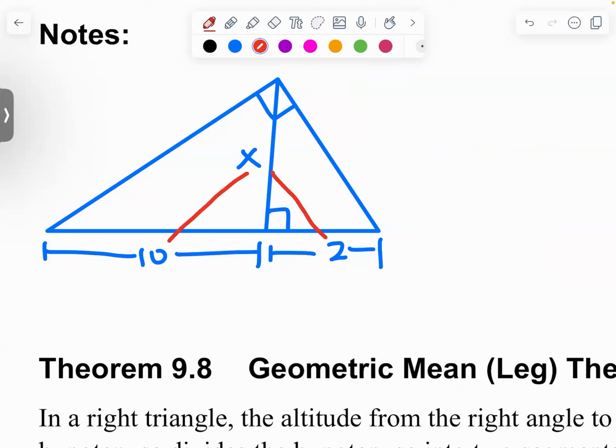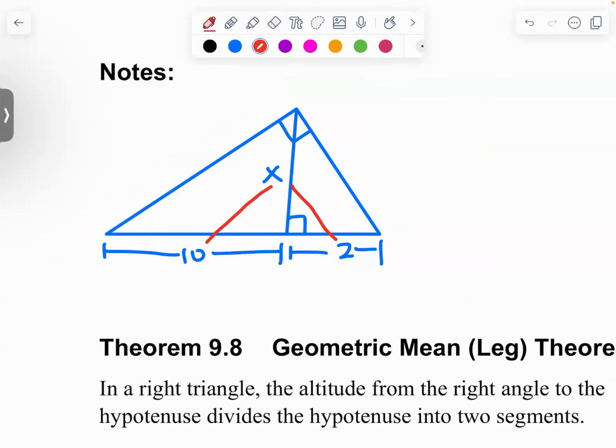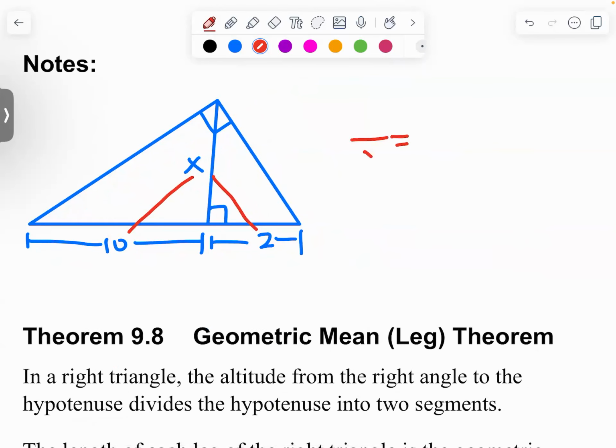I don't know if it helps you. But that altitude is the geometric mean, so it goes in twice, and then 10 and 2 go in the other places.